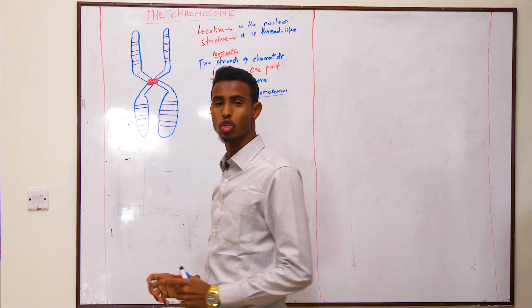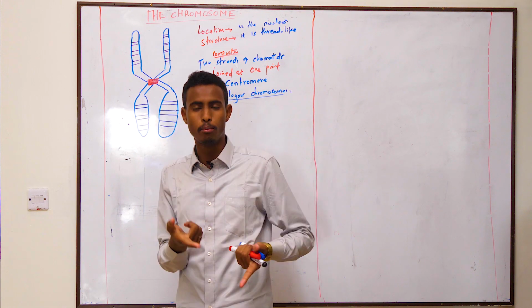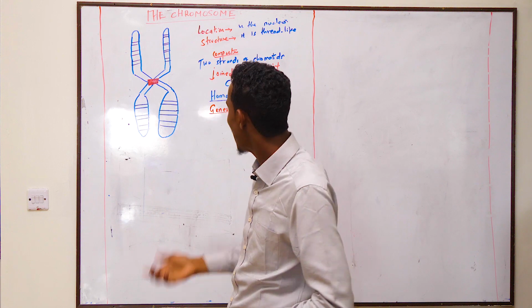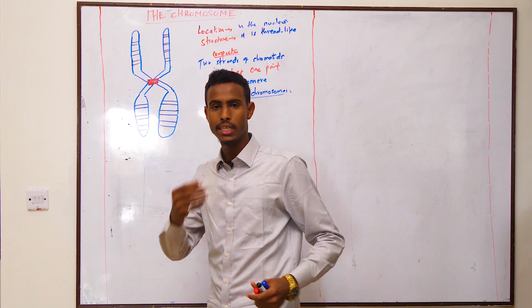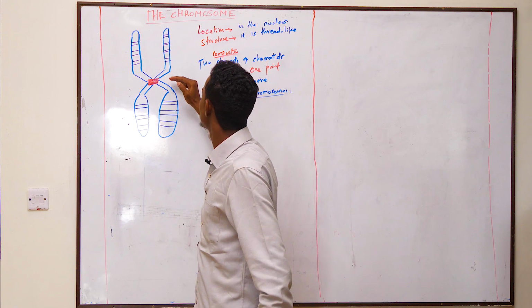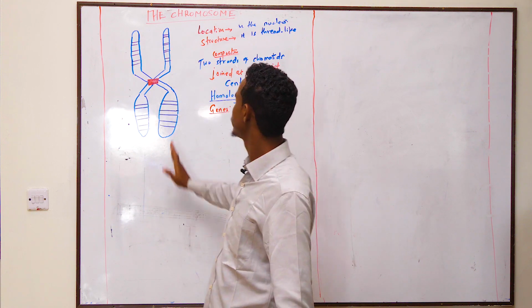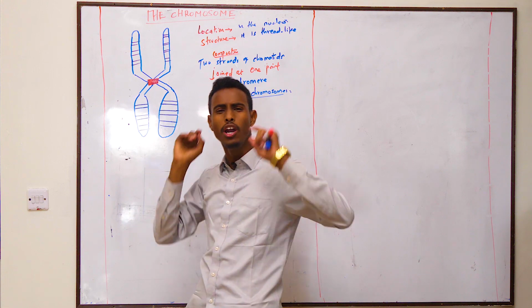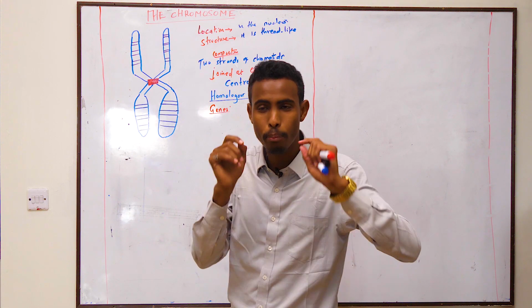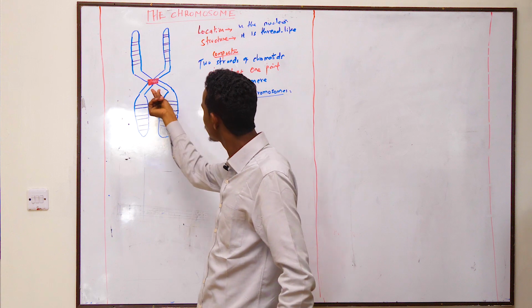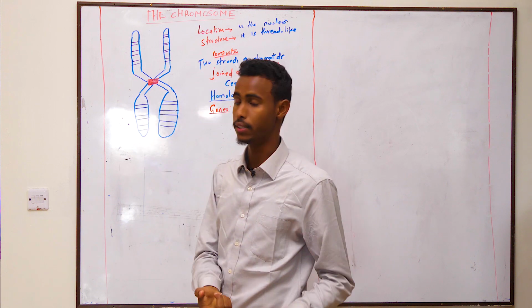The chromosome can only be seen under a powerful microscope during the process of cell division. Get that concept right.